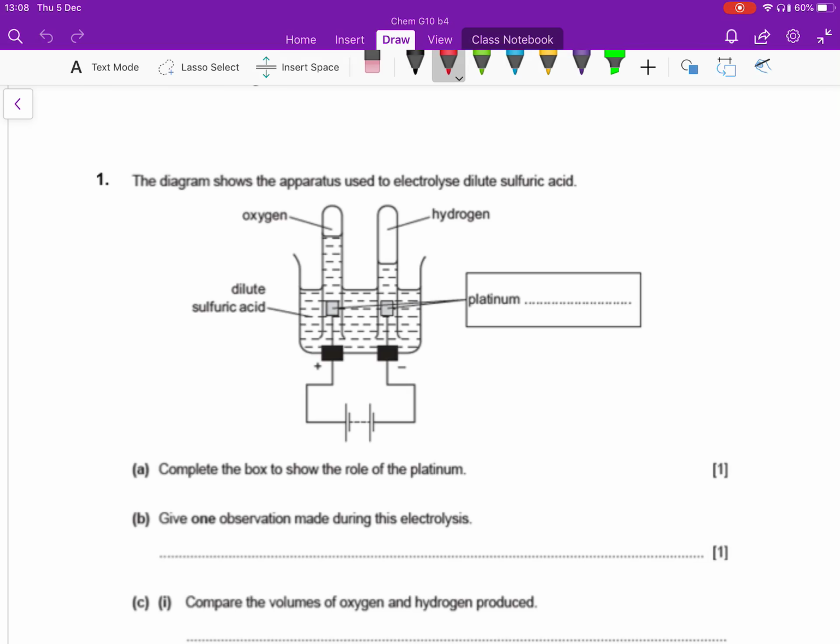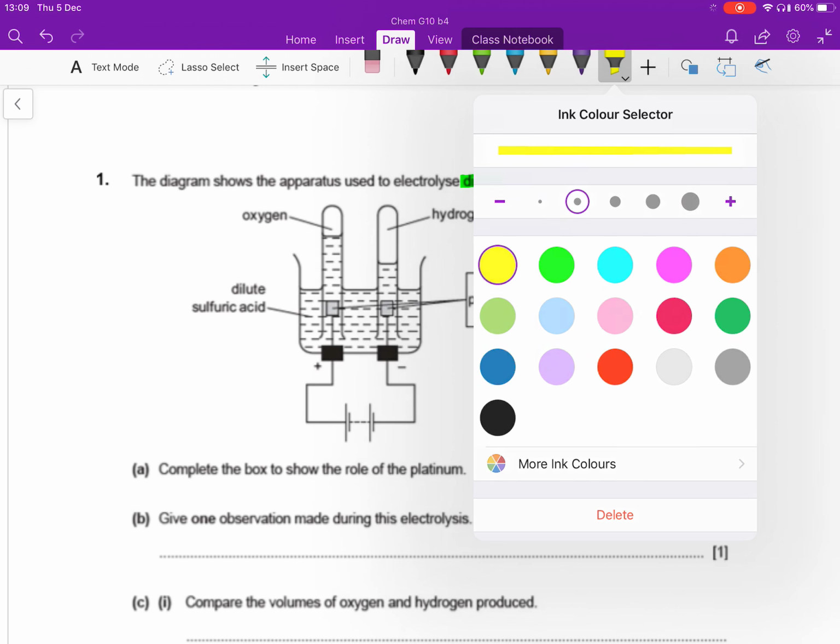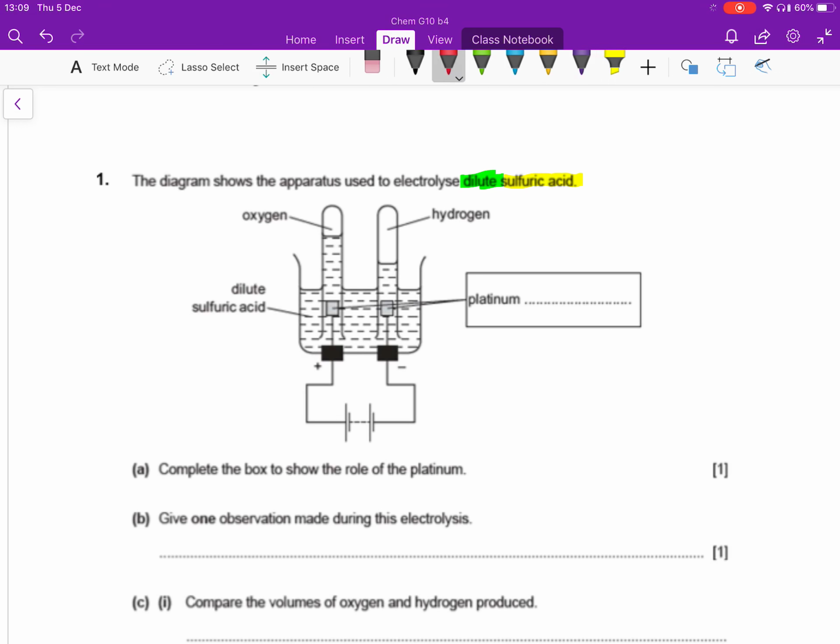So this is Mr. K going through your formative electrolysis lab. So question number 1, the diagram shows the apparatus used to electrolyze dilute sulfuric acid. Complete the box to show the role of platinum.